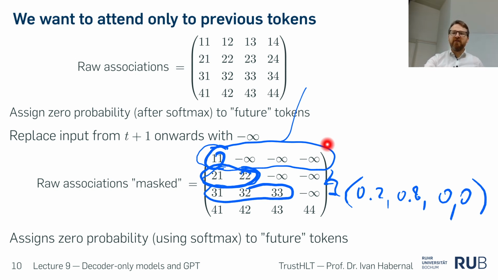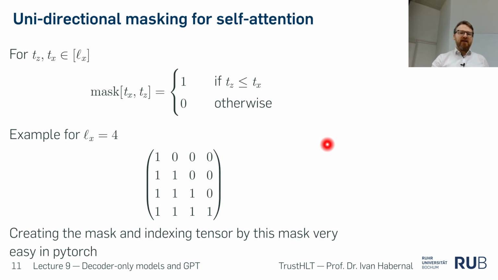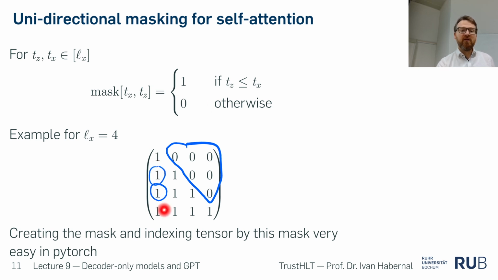So how we're going to do this is masking. Why is it called masking? Now these numbers should be the minus infinities, and this should keep the same. So we're going to create a binary matrix as a mask, which means everything which is 1 here, we keep the numbers under these ones.